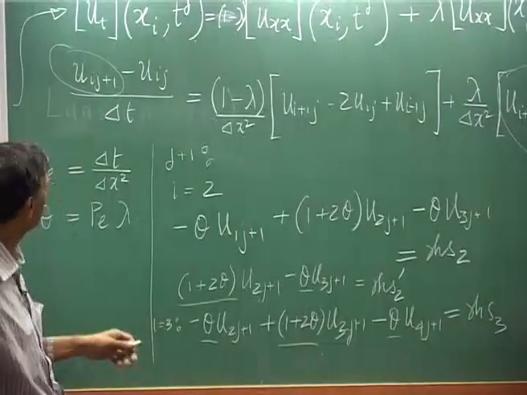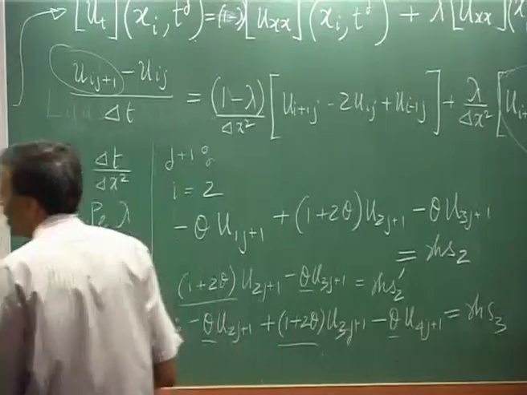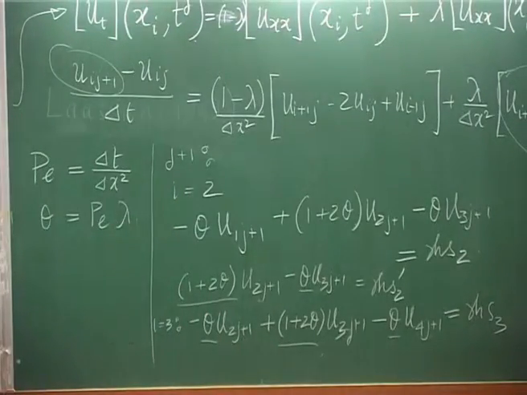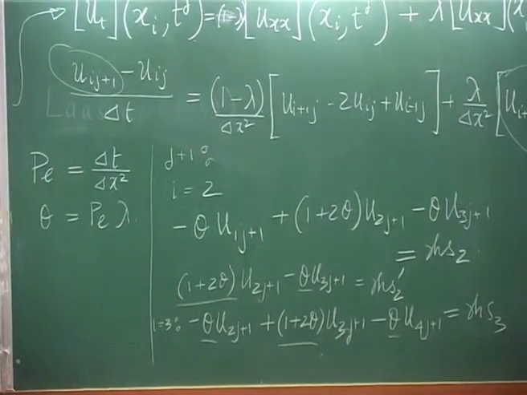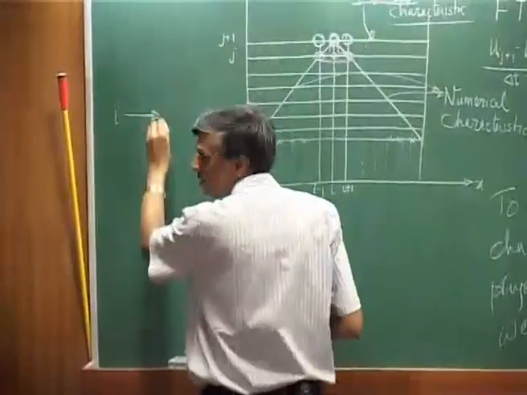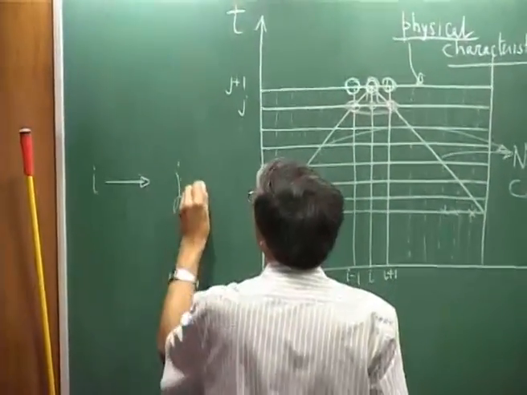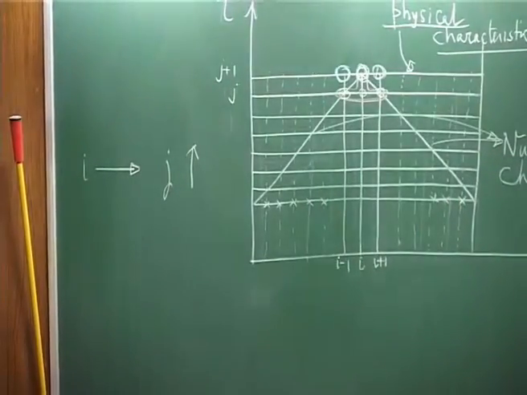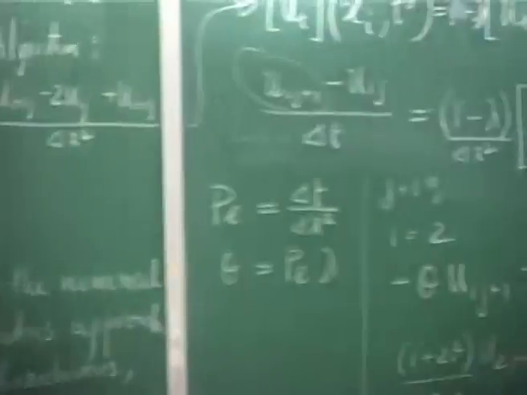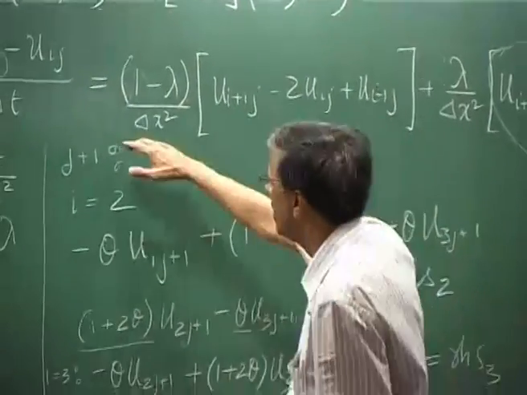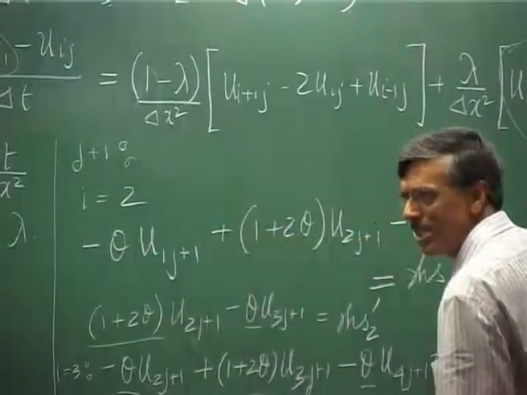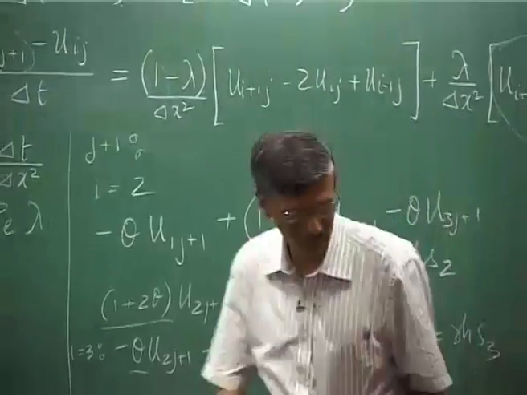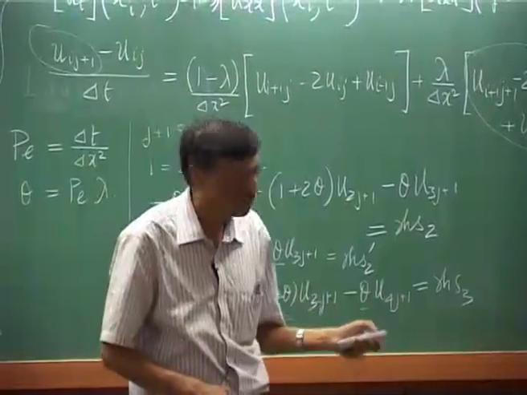So, basically what we are doing, we are following this sequence, that i will go from left to right and j will go from bottom to top, right. If I do that, that is what we are doing. We are fixing a value of j and then writing all the quantities from left to right, and that is why we are getting this equation.